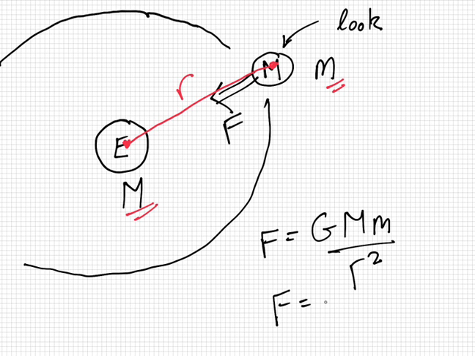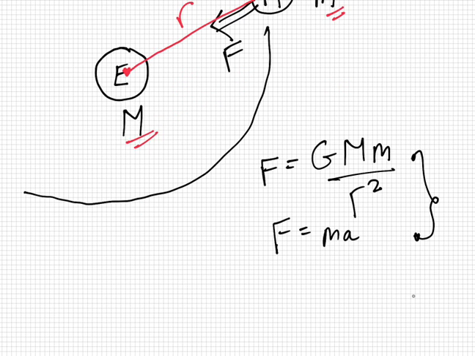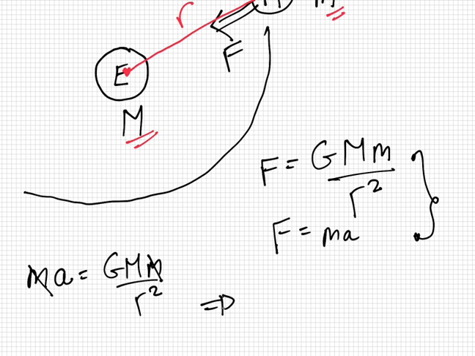F equals ma. So I can put these together and I get ma equals GMm over r squared. What happens to those small m's? They cancel. So I get this result: a equals GM over r squared.